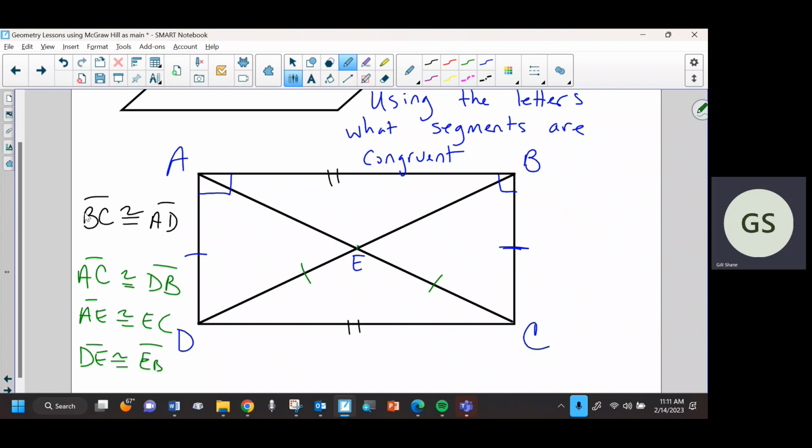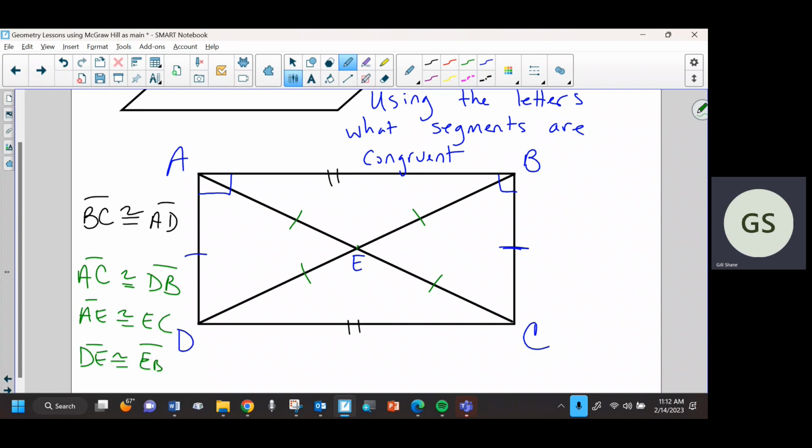But we know that they get split in half, right? So I'm splitting BD in half, which means those two are congruent. Well, if this is the same length, I'm also splitting it in half. So if these two are equal to each other, when I divide this by 2 and divide that by 2, I'm really dividing the same number by 2 because they're the same number, whatever it is.